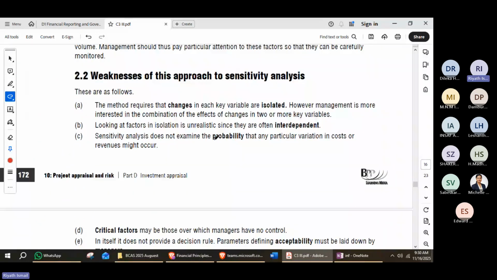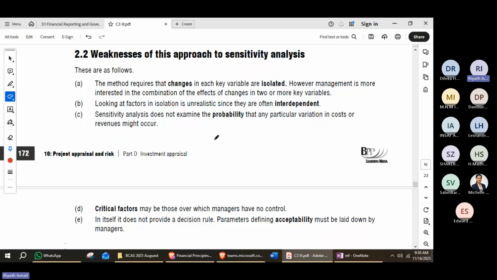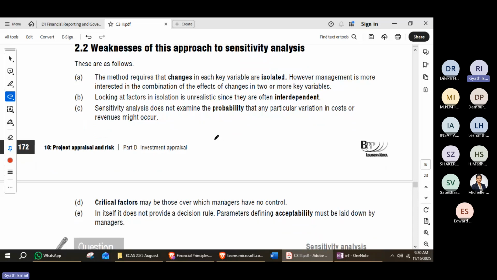And what are the weaknesses of this approach to sensitivity analysis? The main approach is, we assume at a time only one variable gets changed. This method requires that changes in each key variable are isolated.